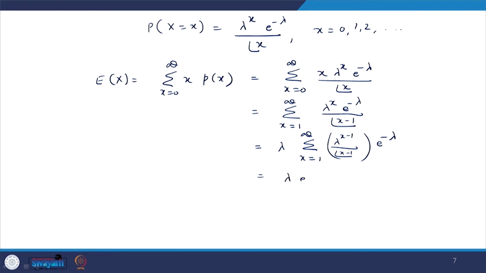So, it is lambda e raised to power minus lambda, and when x is 1 it is lambda raised to power 0 upon factorial 0. So, we can write summation x from 0 to infinity of lambda raised to power x upon factorial x, and this value is nothing but e raised to power lambda. So, it is lambda into e raised to power minus lambda into e raised to power lambda, which is lambda. So, we can say that the mean of a random variable following the Poisson distribution is lambda.